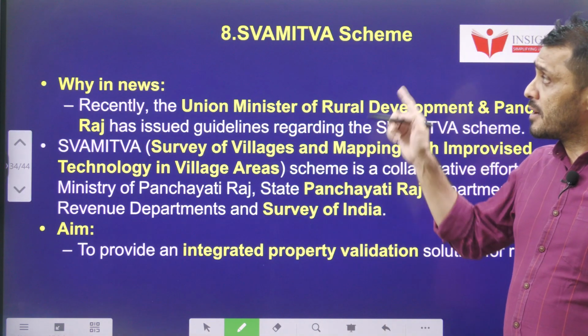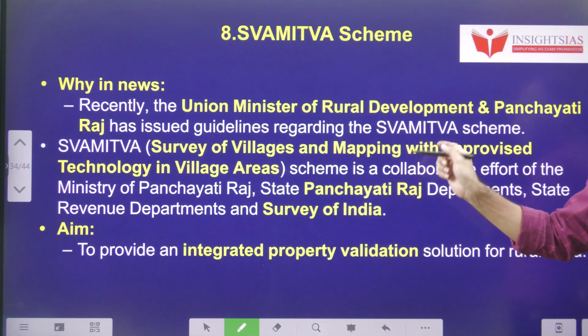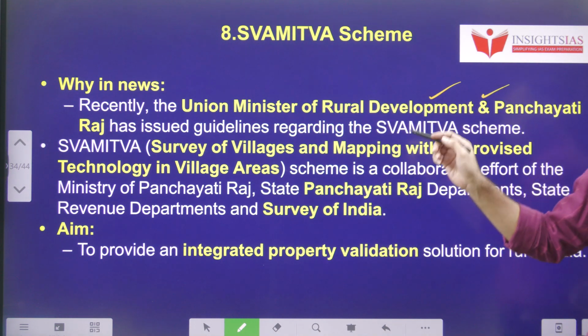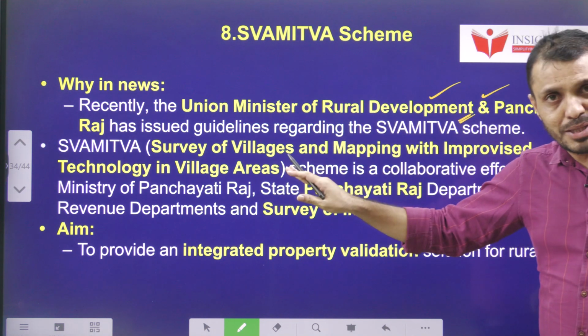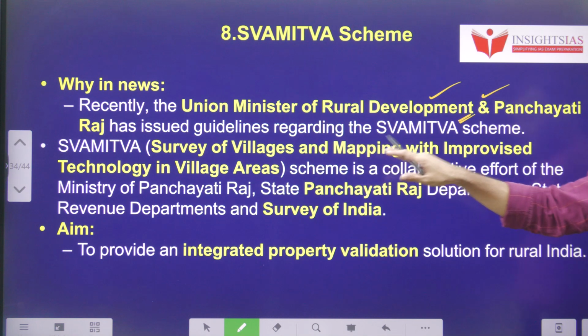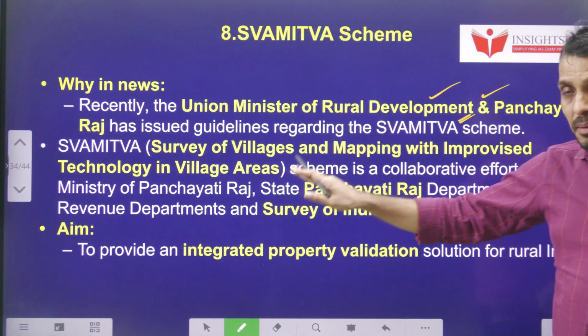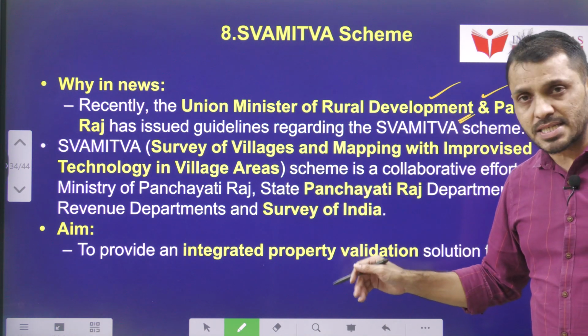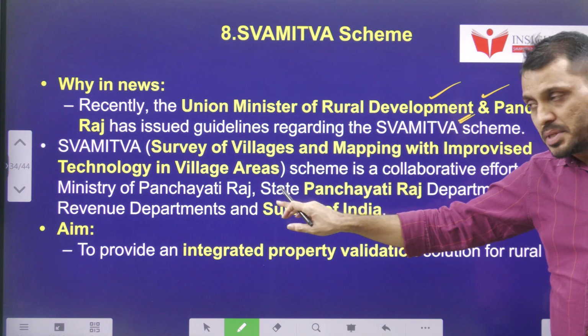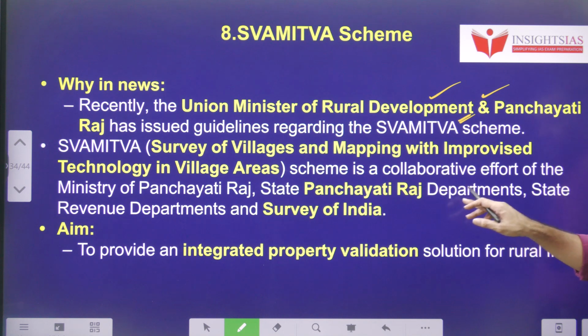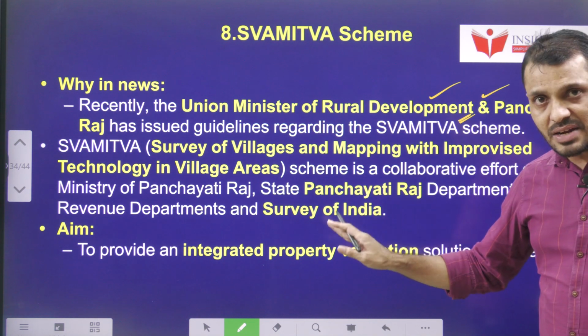Let's see the SVAMITVA scheme. Recently, the Union Minister for Rural Development and Panchayati Raj issued guidelines regarding the SVAMITVA scheme. SVAMITVA stands for Survey of Villages and Mapping with Improvised Technology in Village Areas. This is the full name of the scheme. It is a collaborative effort of the Ministry of Panchayati Raj, the Panchayati Raj departments at state level, and the Survey of India.